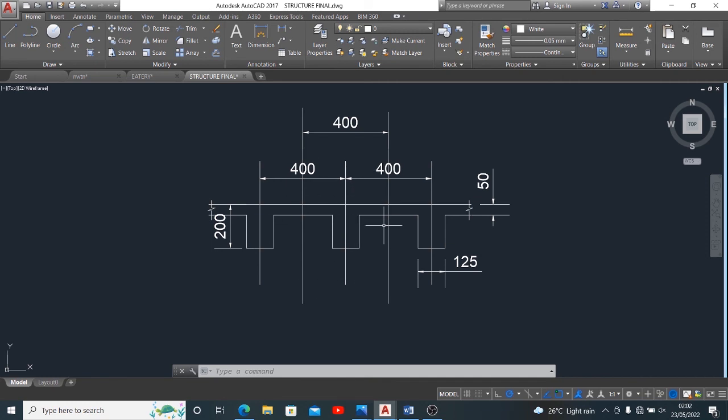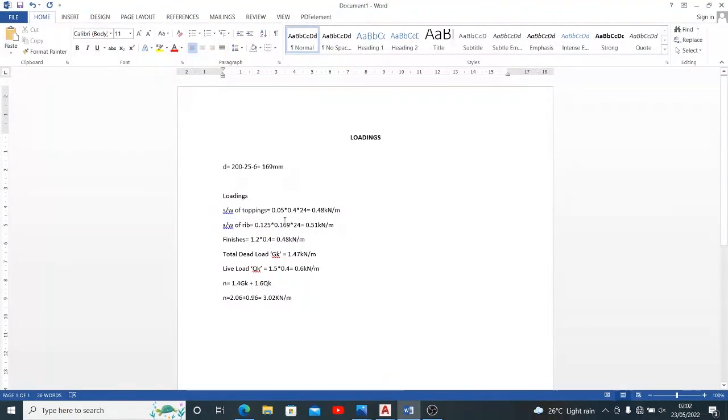So that will mean that considering the self weight of this topping, I have the thickness of that topping multiplied by the width of that flange. I believe you understand now how we got the 0.4. And we multiply by 24, which is the norm that we do even with the solid slab, the density of concrete.